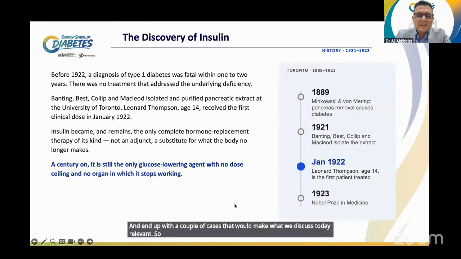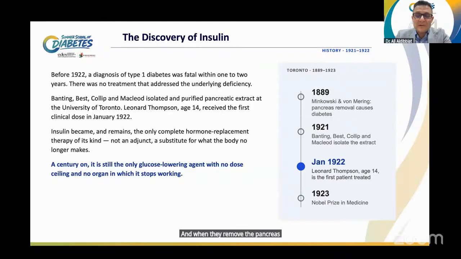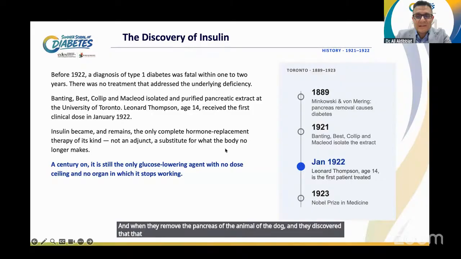The first link between the pancreas and diabetes was established in the 17th century, by Minkowski, when they removed the pancreas of a dog and discovered that the animal developed diabetes. And after a few years, in the previous century, Banting and Best were successful in isolating insulin and enabling the first treatment to become available in 1922.